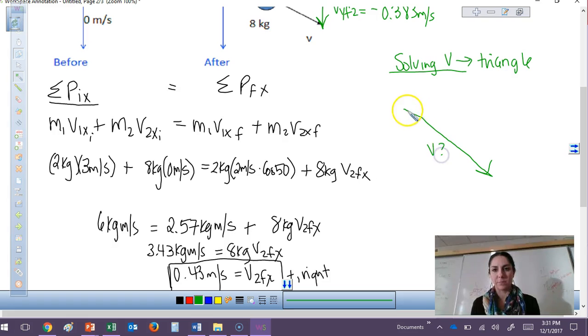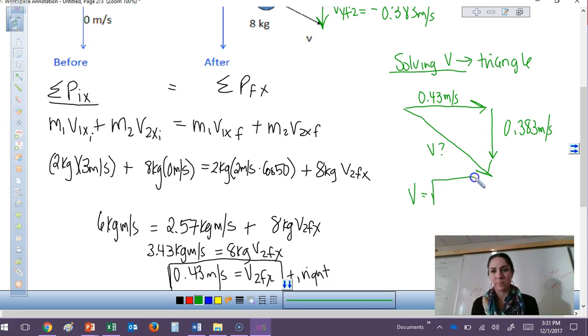The question's looking for V. We have the legs, or the parts of the triangle. So this one was 0.43 meters per second. This one we calculated as 0.383. Now I'm going to ignore the sign because I'm modeling the direction right now, which is fine.